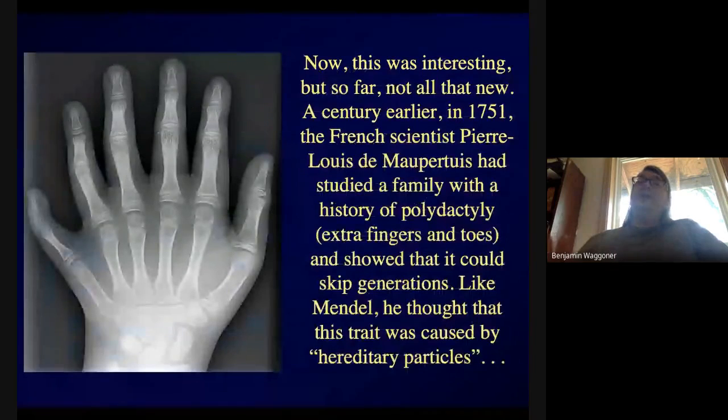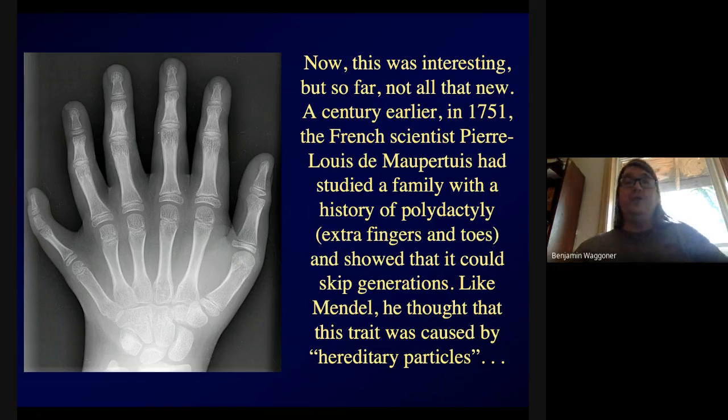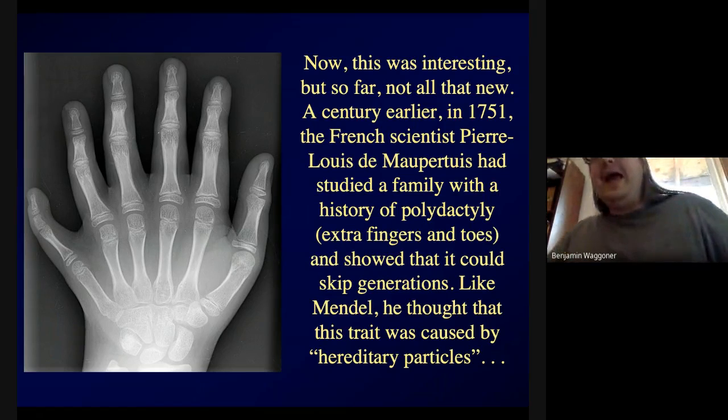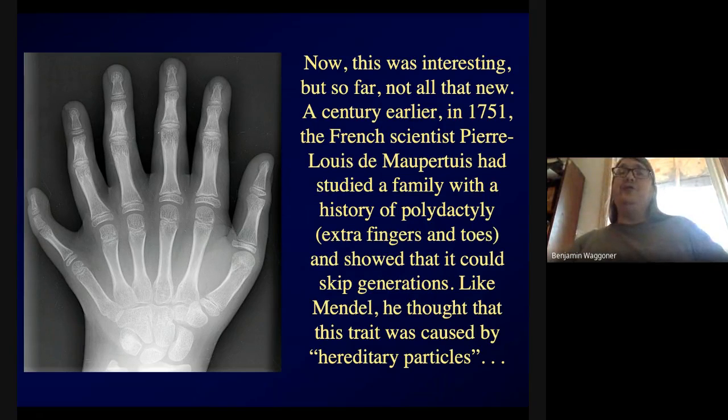This was interesting, but not all that new, because a French scientist in 1751 named Maupertuis had studied a French family with a family history of polydactyly, which means extra fingers and toes. And he'd found the same thing. He had shown, by basically working out a family history, that polydactyly could also skip generations.